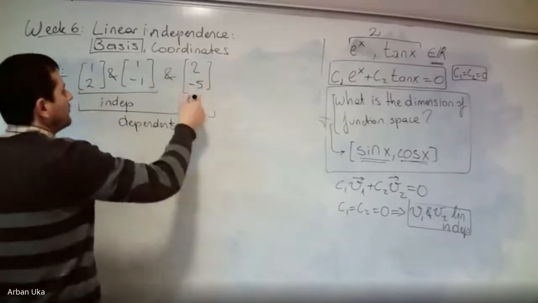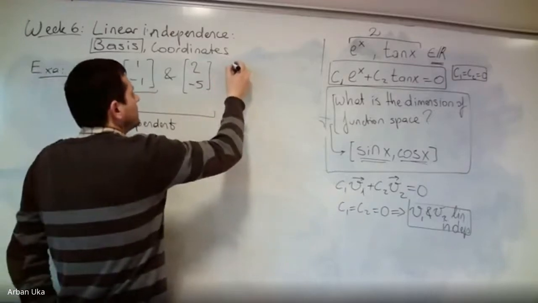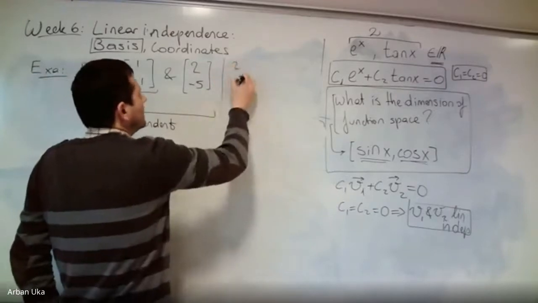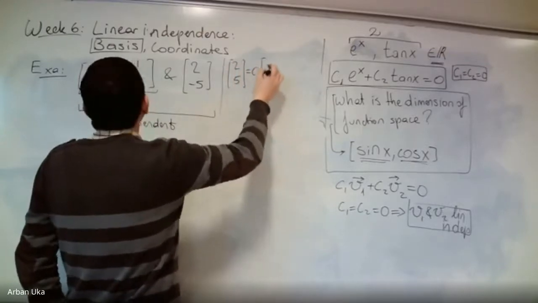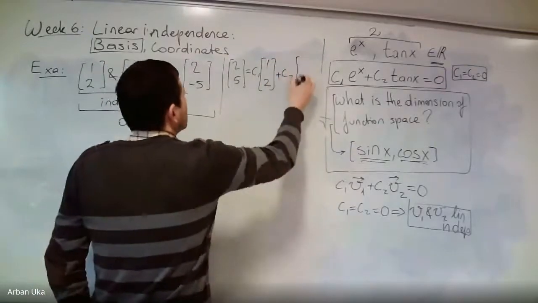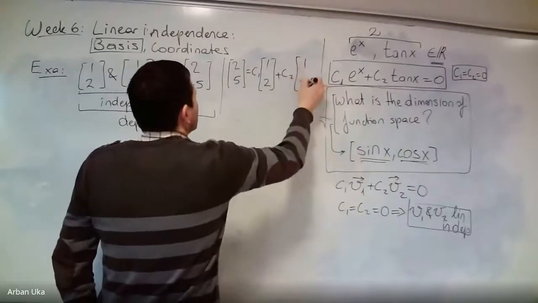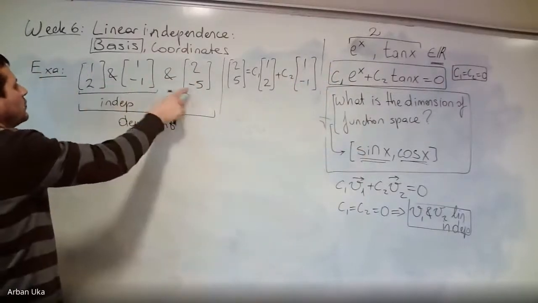Because the vector 2, minus 5 is equal to C1 times 1, 2 plus C2 times 1, minus 1. Now, what about 1, 2 and 2, minus 5?